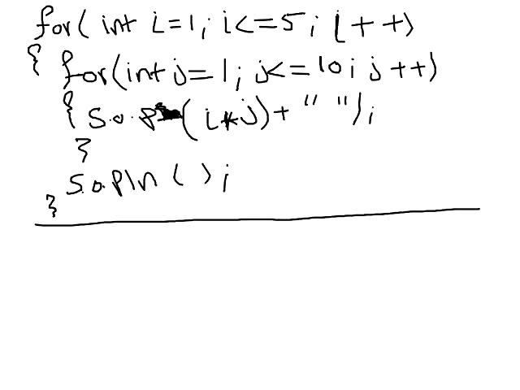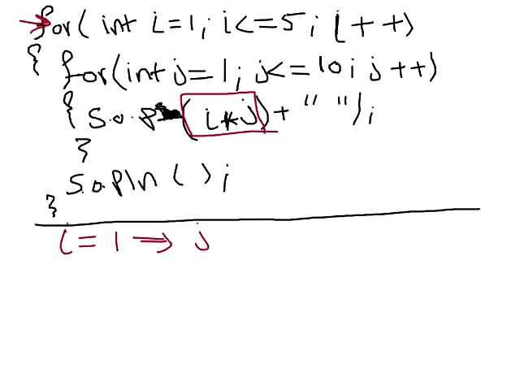Now, if we enter the first time, don't forget we have multiplication. This is the main for loop. So when i equals 1, what's the value of j?